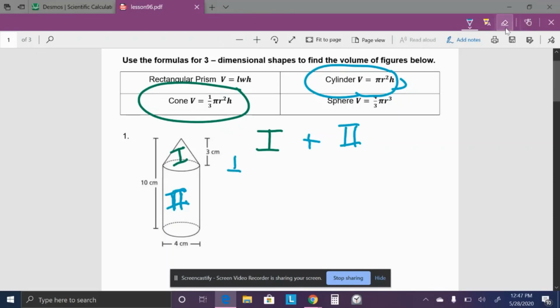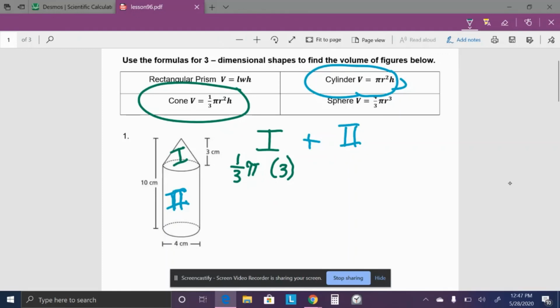We have 1/3 pi r squared h. I don't know what the r is yet, but I can figure it out. The height we know is 3. Here's how we figure out the radius. If you look all the way to the bottom, the diameter is 4.